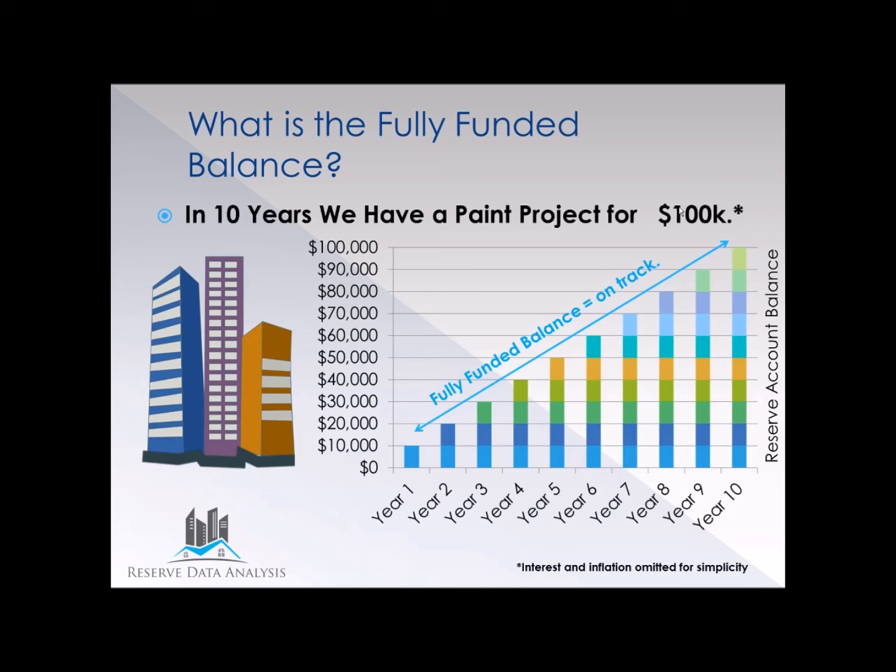But mathematically, for this example, we're just going to pretend like in year 11, when we're starting this whole cycle over again, they're going to have to start projecting their budget for the next 10 years, and we want to make sure that they're adequately prepared for that. So that fully funded balance in year 11 is going to go back down to $10,000, because now they're trying to budget every year to get on track to save another $100,000 by year 20.